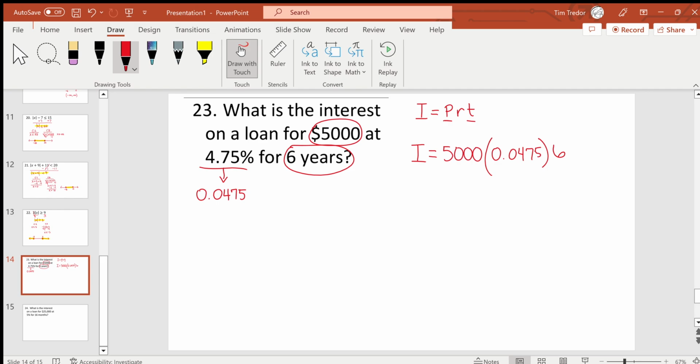Now, since multiplication is commutative, I can switch around the order here and it doesn't matter. In my calculator, I typed in 5,000 times 6 times 0.0475 and arrived at interest equals $1,425. So after 6 years, the $5,000 grew an extra $1,425.